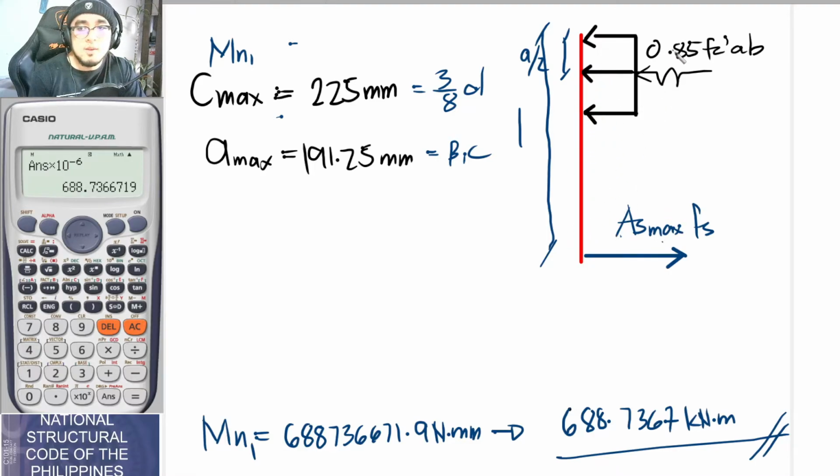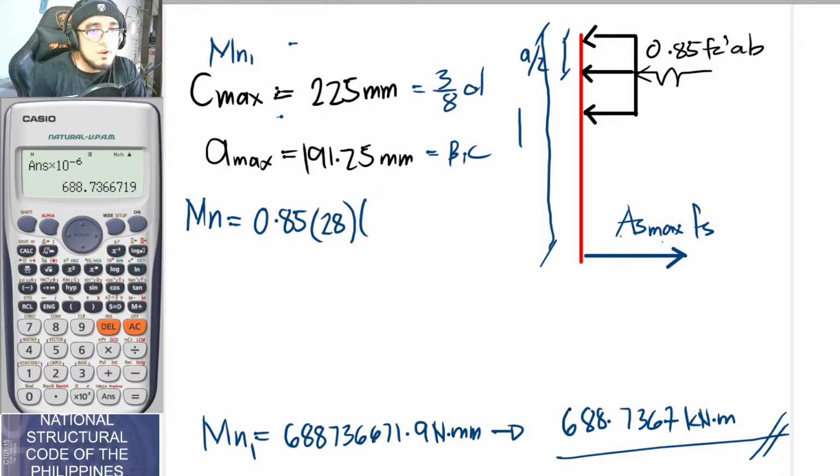And the force that you will be considering would be the compression block. So for your Mn, this is now equal to 0.85 fc prime. What is fc prime? 28. What is the value for your a? That is 191.25. And what is the value for your b? That is 300.